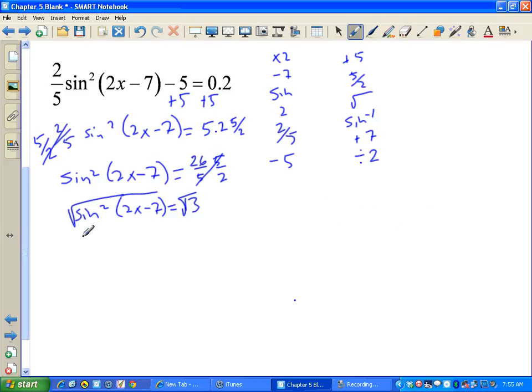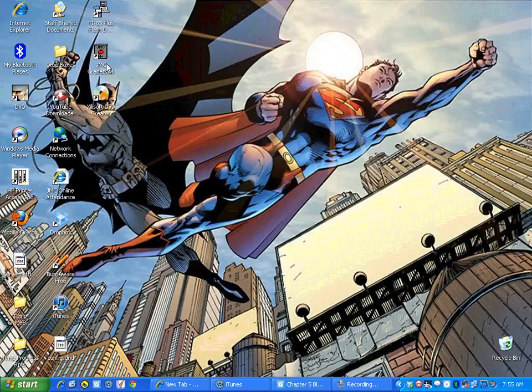So I take the square root, and I get sine of 2x minus 7 equals the square root of 13, which is going to be 3 point something. I have the calculator here.